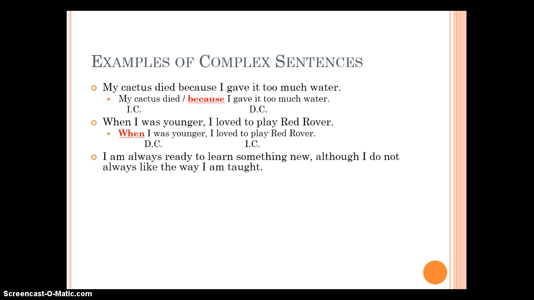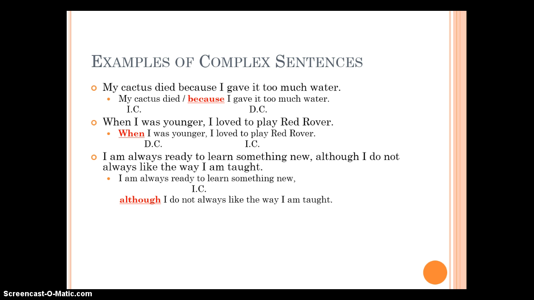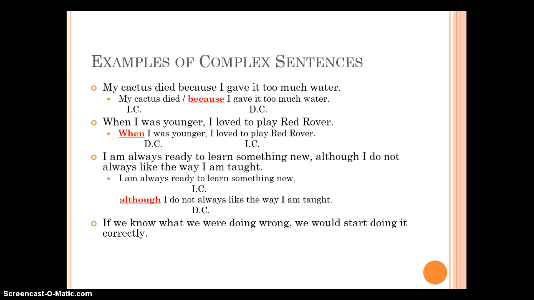How about this example? I am always ready to learn something new, although I do not always like the way I am taught. The subordinating conjunction is although, so that makes, although I do not always like the way I am taught, the dependent clause, and I am always ready to learn something new is the independent clause.